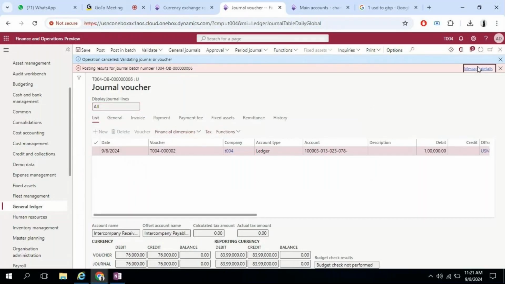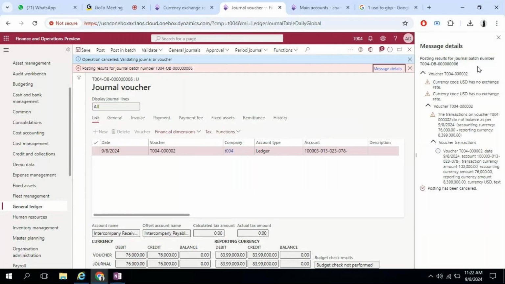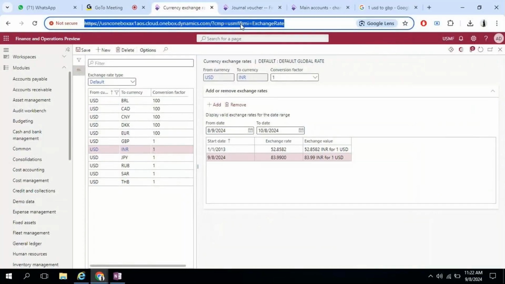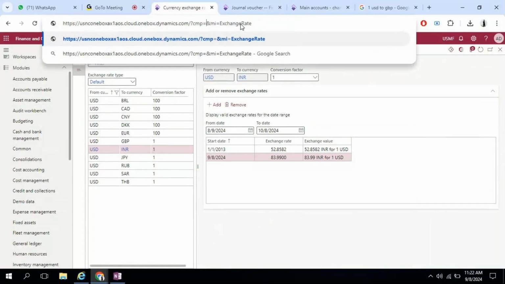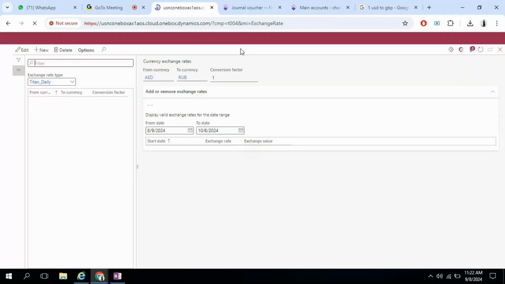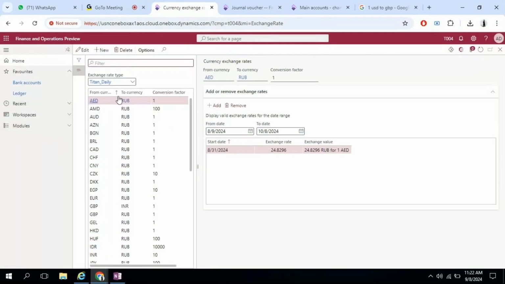What is the error now? Currency code USD has no exchange rate. Let me check this in my T004 also. In T004, Titan daily is our exchange rate.